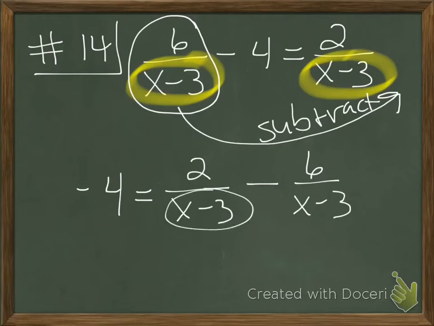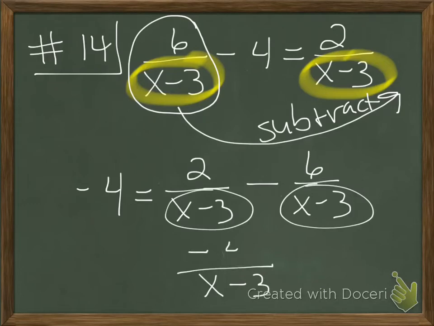Well, if these already have the same denominator, then 2 over x minus 3 minus 6 over x minus 3 is negative 4 over x minus 3. And from here, that sets up a problem to be able to do cross multiplication. So I'll take the negative 4 and I put it over 1 so that I can cross multiply. So that's the hint for number 14.